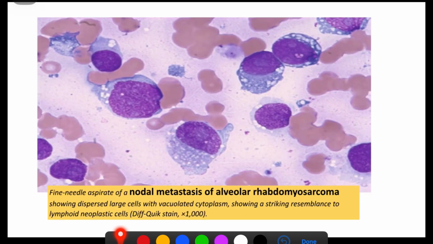So, here again, this is a case of alveolar rhabdomyosarcoma where you can identify these bizarre or large cells with vacuolated cytoplasm which resembles lymphoid or lymphoma.